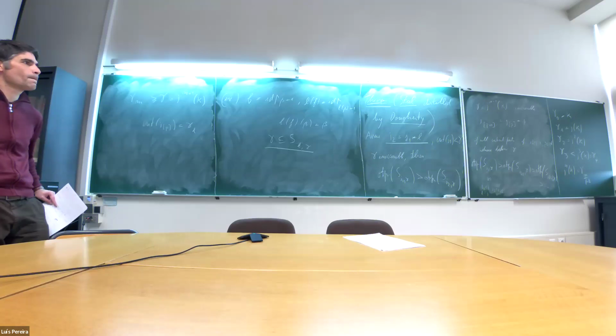And now what you're saying is, let's look at this subset, namely the critical points of the JP.